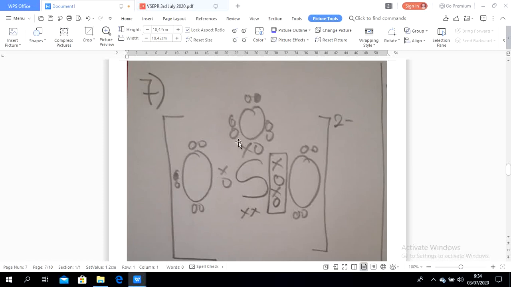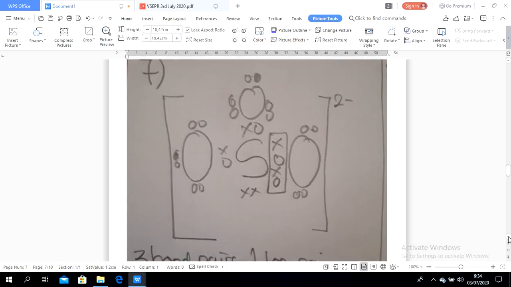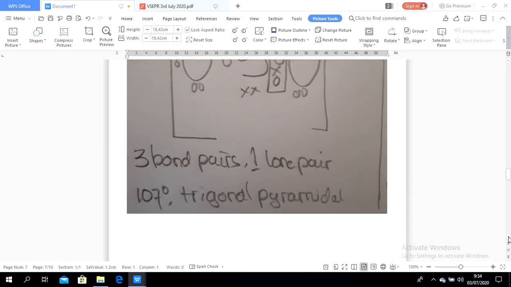This one 8 electrons, this one 8 electrons, and there is a lone pair on the sulfur, so there are 3 bond pairs and 1 lone pair. So the shape is trigonal pyramidal with 107 degrees.